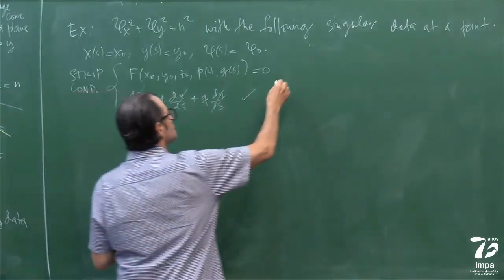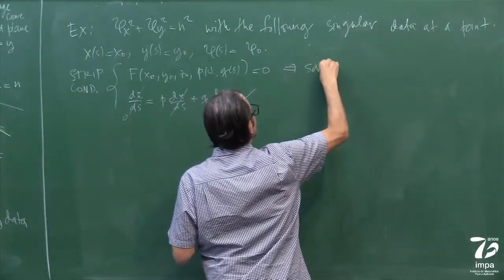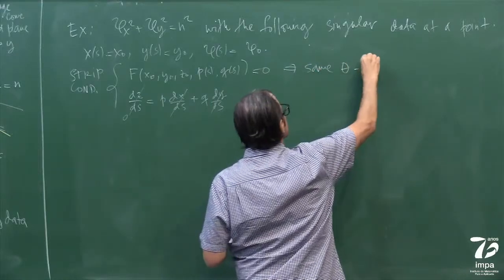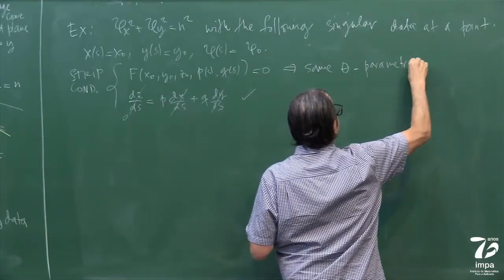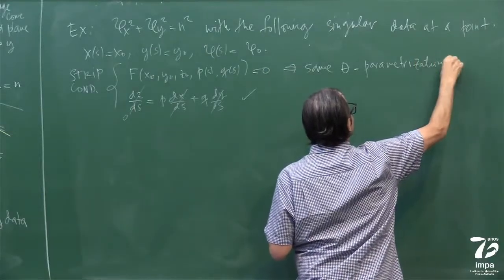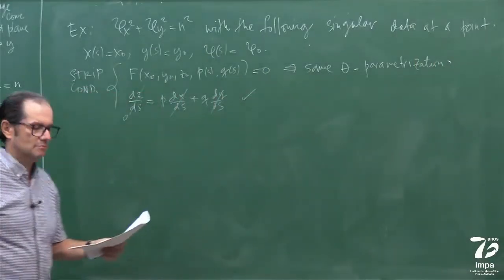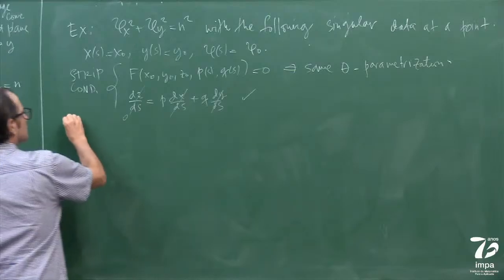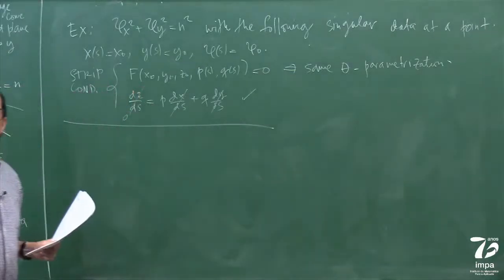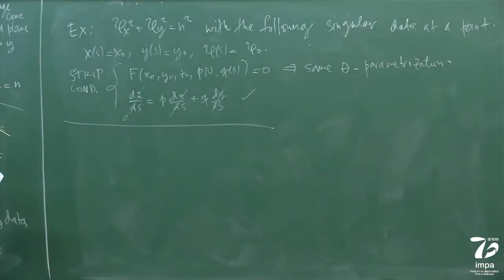And this one just gives us, I'm going to put it here, same theta parametrization, okay? And then, here, as a little bit like an exercise for you, details in the notes, so don't look at the notes.